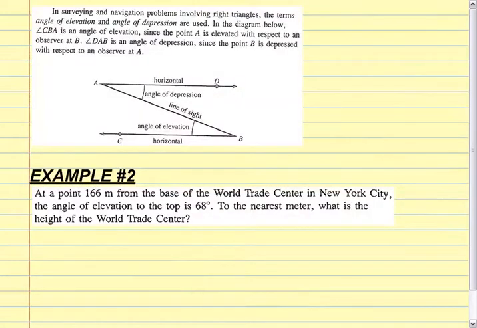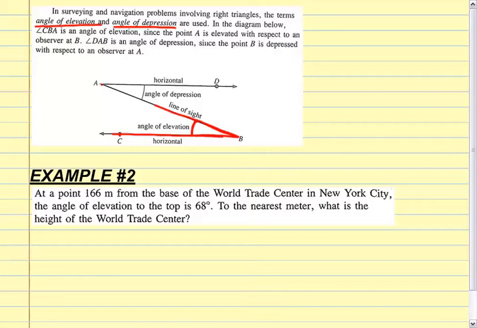It says in surveying and navigation problems involving right triangles, the terms angle of elevation and angle of depression are used. In the diagram below, angle CBA, this angle right here, is an angle of elevation because here's the horizontal and we elevate up to this.